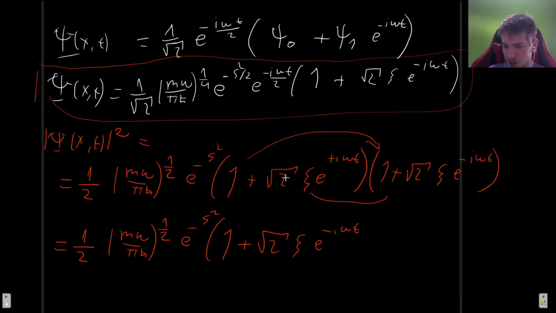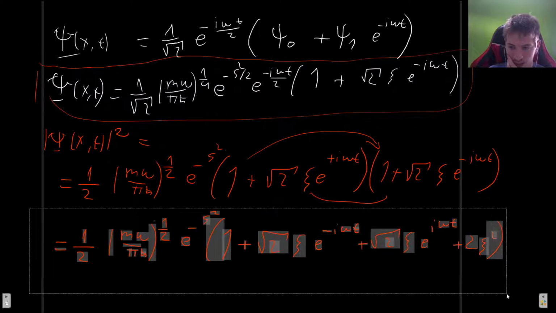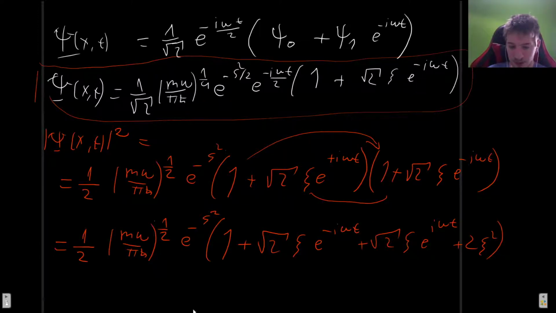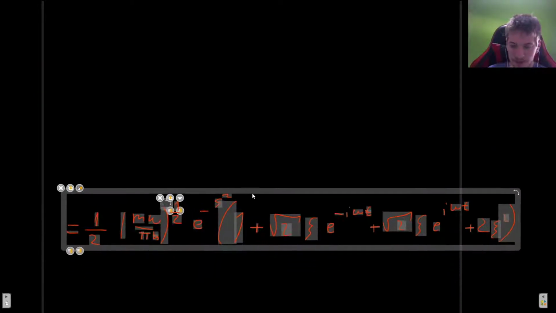Then we multiply √2 ψ e^(+iωt) times 1, and we get √2 ψ e^(iωt). And then we finally multiply these two together. The exponents will cancel out, and we get plus 2ψ². So here we can actually do something that is very important, and if it doesn't happen now, don't worry about it.